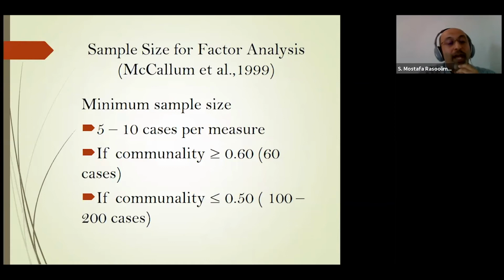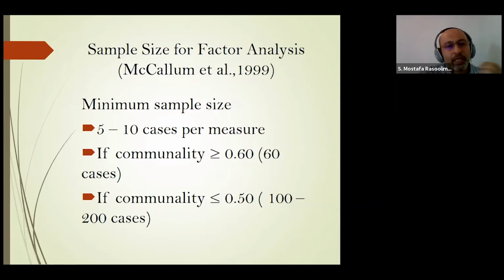For example, if you have 20 items and you want to run factor analysis for these 20 items, you have to have at least 5 times this 20, so 100 to 200 can be the minimum sample size for performing factor analysis.